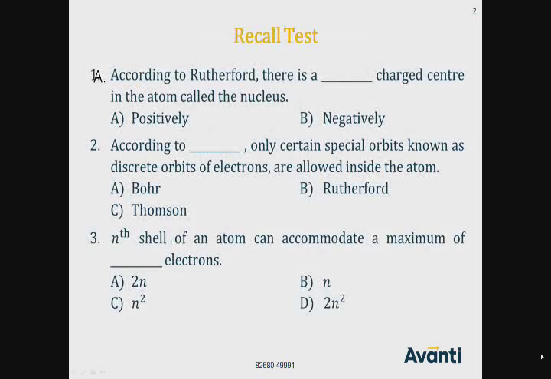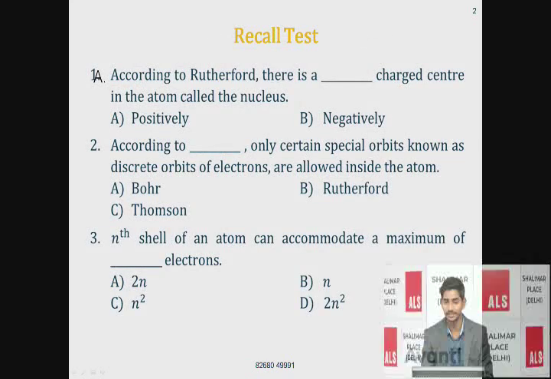The question says, according to dash, only special orbits known as the discrete orbits of electrons are allowed inside the atom. Okay. So this one was given by Rutherford, not Rutherford, Bohr, because Rutherford could not tell what the position of electrons should be and where they should be present.